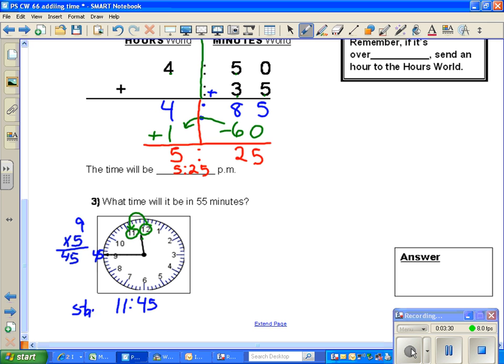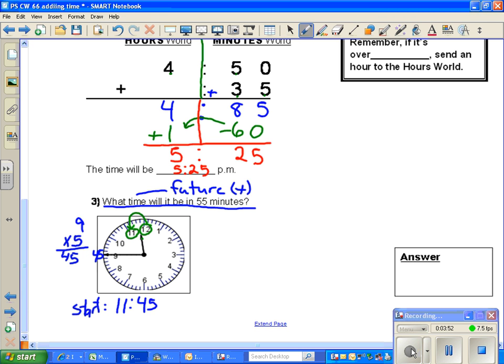So this is when something is starting. But the question wants to know what time it is going to be in 55 minutes. So what time will it be? Again, same question, means I'm looking for a time in the future. Looking for a future time. So I'm going to set up my hours world and my minutes world.